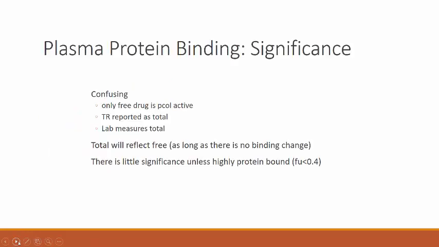So why is plasma protein binding so important? And it really is. You'll realize as we go on how important this is. First of all, things are very confusing because usually when we're talking about drug concentrations, we're talking about total drug, which means both the bound and the unbound drug.